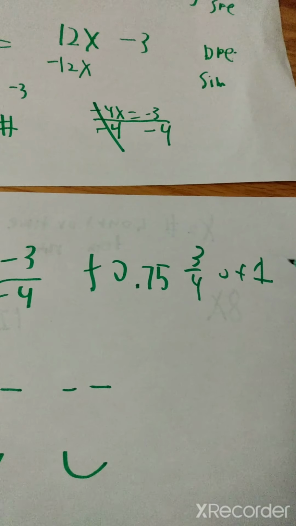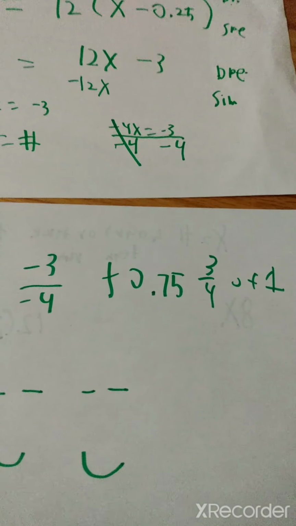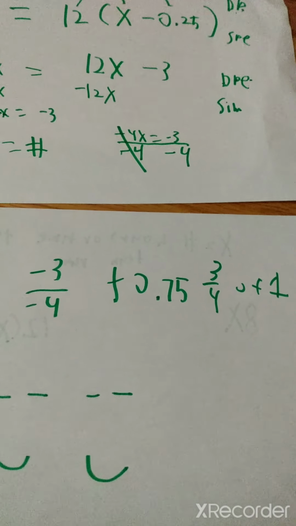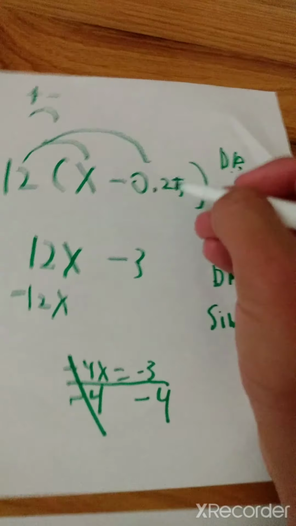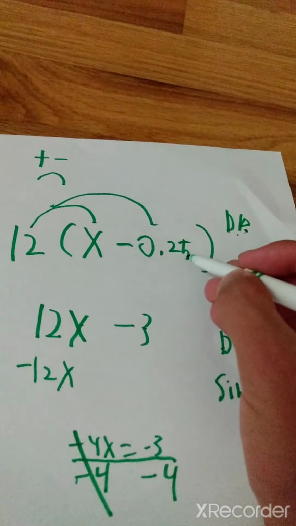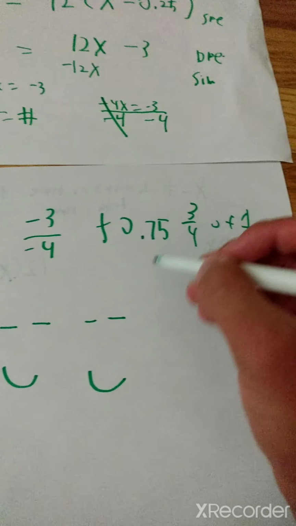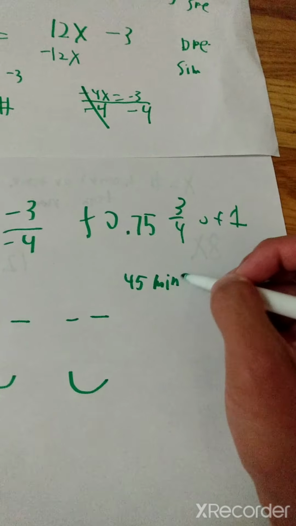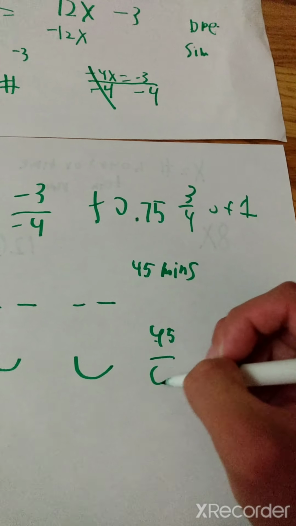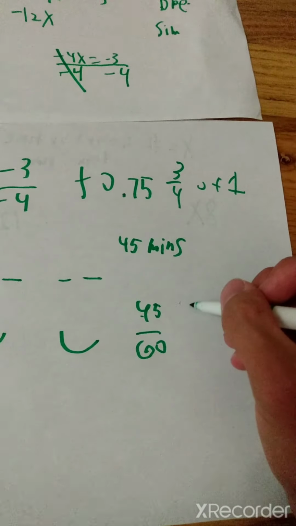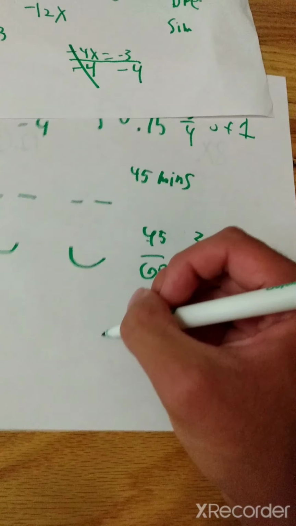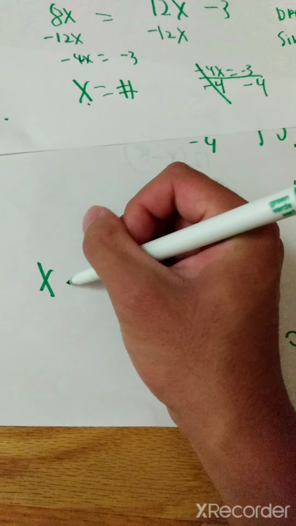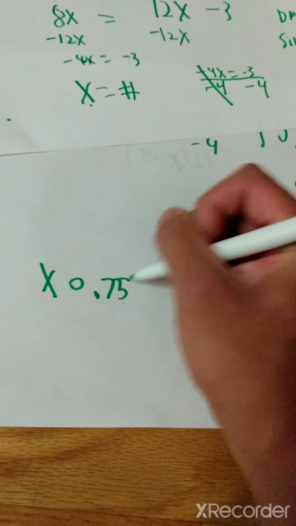We were calculating with minutes and hours. We got the 0.25 because it was 15 minutes, or 1/4 of an hour. But 0.75 of 1 is going to be 45 minutes, because 45 over 60 is equal to 3 over 4, or 0.75. So we can say our answer: x is 0.75.